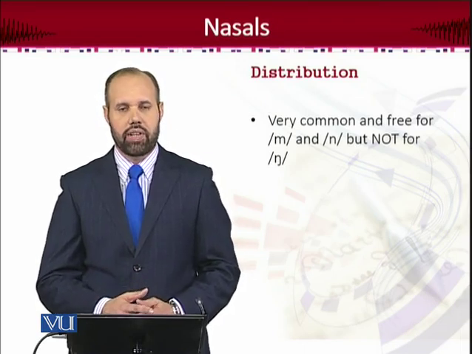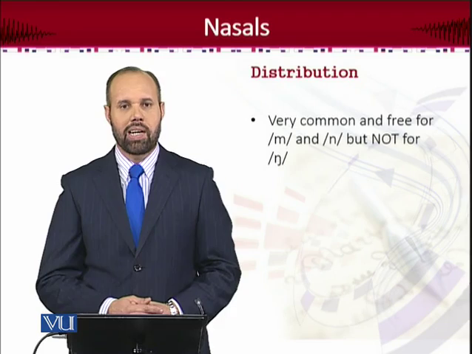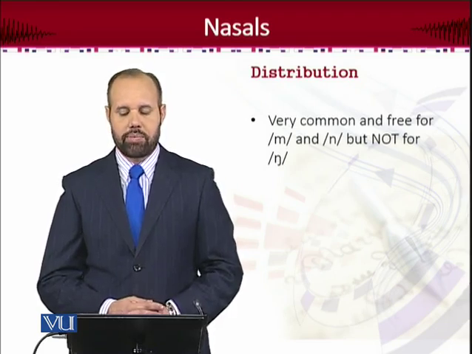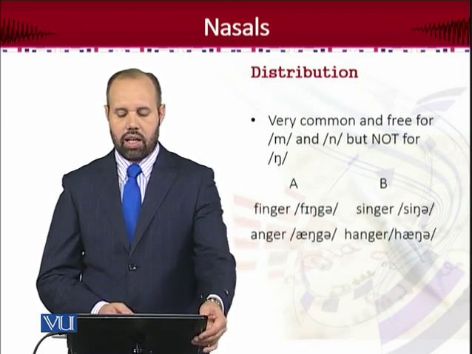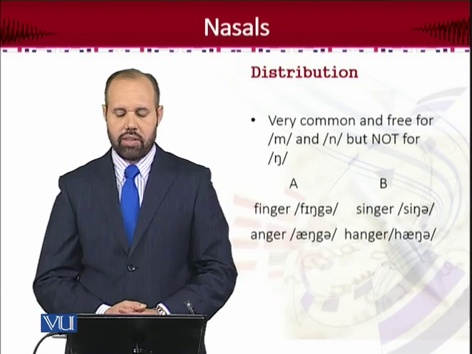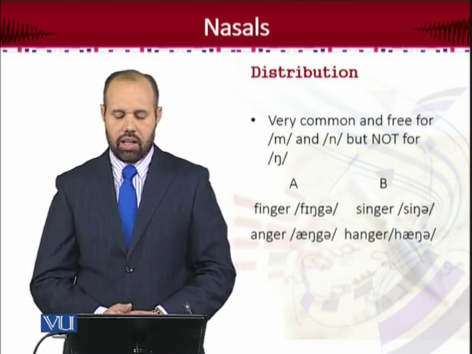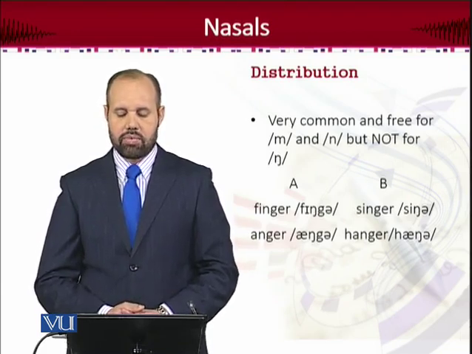The coda position, right? That's true for m and n. But the engma is not really very commonly found at all 3 places. Let me give you these examples: finger, singer, anger, and hanger, right?